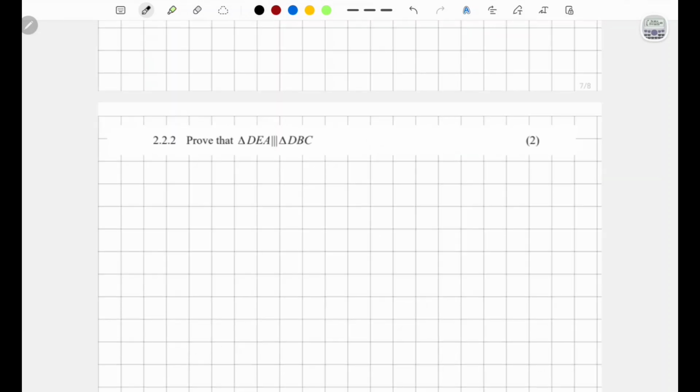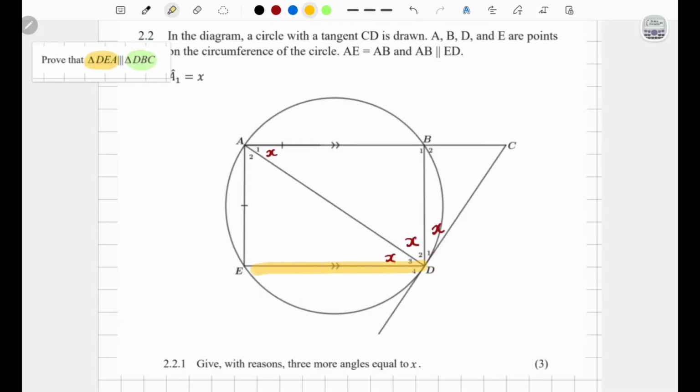Question 2.2.2 says prove that triangle DEA is similar to triangle DBC. Let's go ahead and highlight those triangles. So triangle DEA is DEA, and then DBC is this triangle here, DBC. How are those similar? For them to be similar, we need all their angles to be equal.